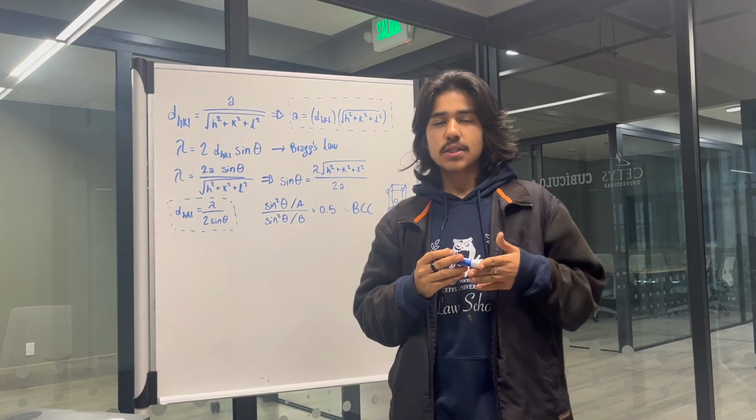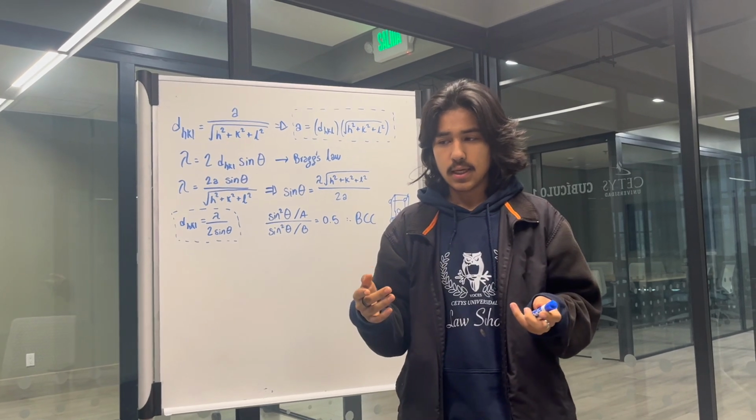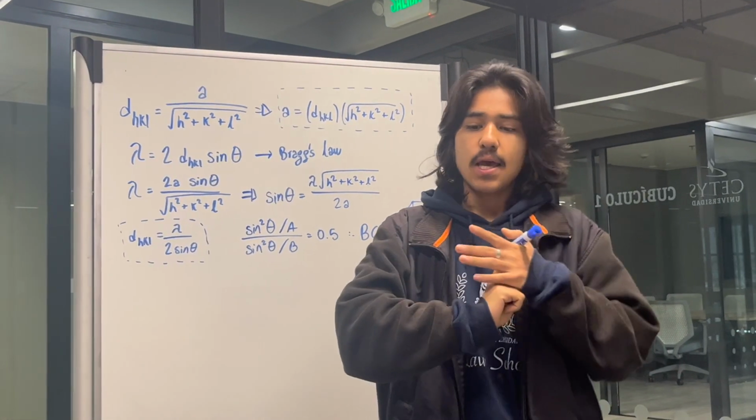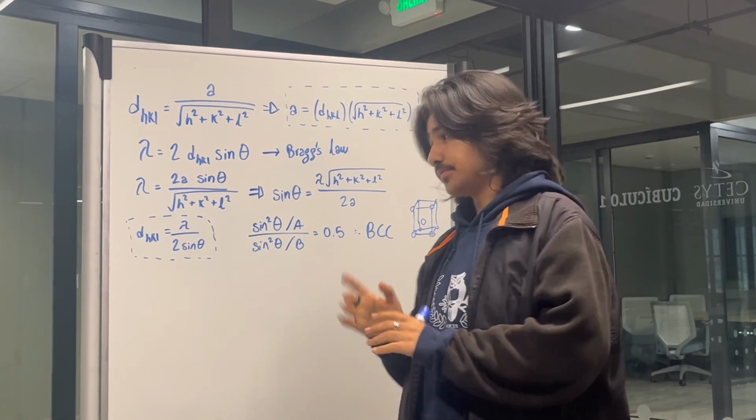So X-ray diffraction involves many variables that we need to consider to analyze whether it has a BCC or FCC structure.